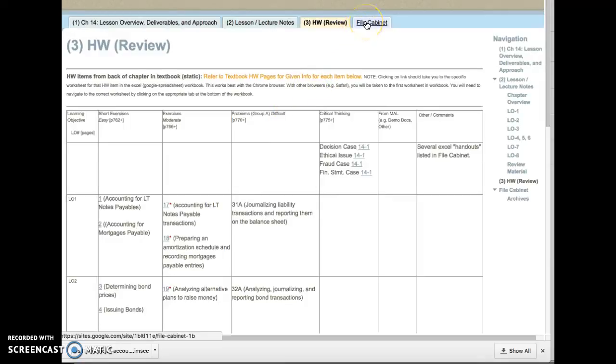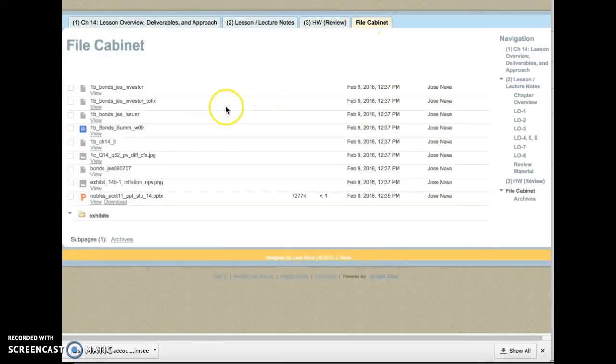In the file cabinet, I do have several handouts that I think are going to be useful. To begin with, there's the one that says bonds, GIEs, issuer.